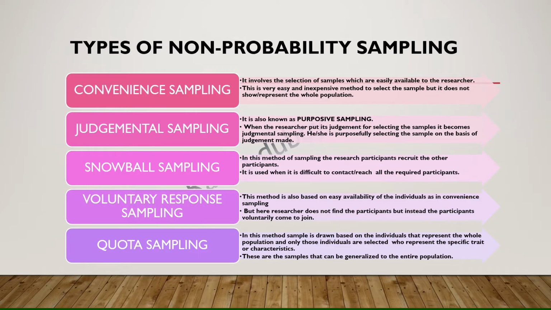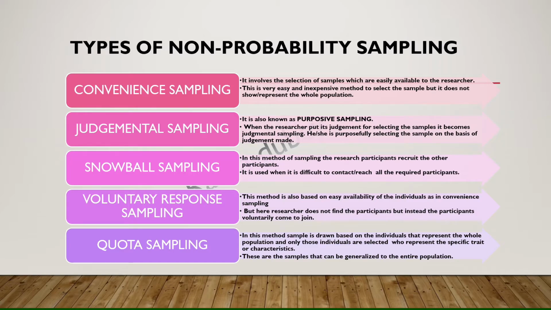Now voluntary response sampling. Voluntary response sampling is based on easy availability of the individuals. As in convenience sampling, we saw that whatever is convenient to the researcher will be selected by him. Now over here what is happening? Here the researcher does not go to find the participant, but instead the participants come voluntarily to join the group.